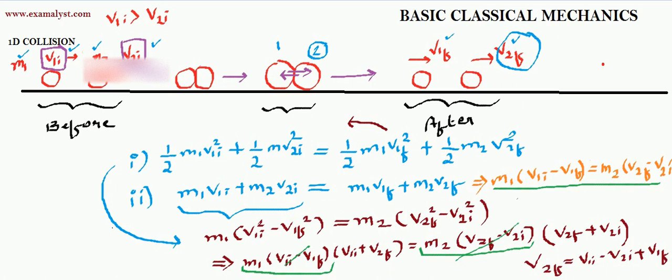This is the most important result that we get when we use the conservation of momentum and conservation of energy. So this important result will now be used in equation number 2. Then we can find the value of v1f and v2f. Agreed?